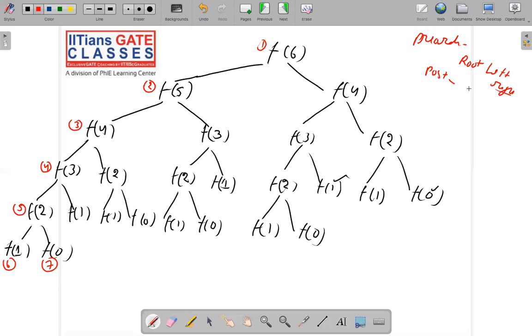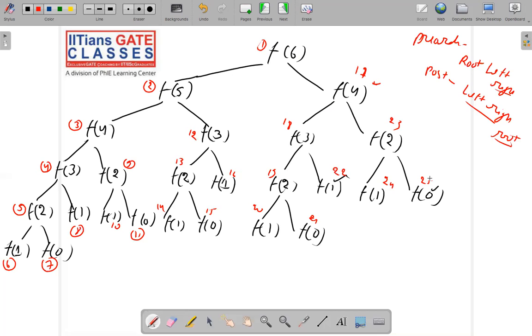Post-order is left, right, root. Then this one will be called, then this one, 8, 9, 10, 11, like this. So here, this is 12, 13, 14, 15, 16, 17. At the 17th position, this will be called. 18, 19, 20, 21, 22, 23, 24, and 25.